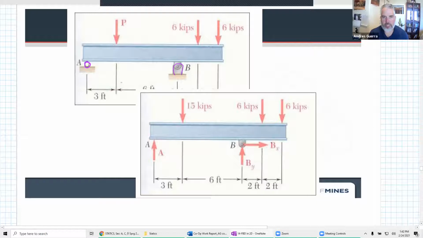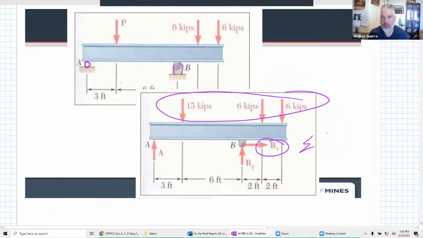And also notice that even though there is no horizontal force applied to this thing, we still are going to include a BX. When we start solving for this, we are going to find that BX is equal to 0. There is no horizontal force. We don't need a BX. But if you leave that off, that to me looks like a skateboard. It looks like a roller.